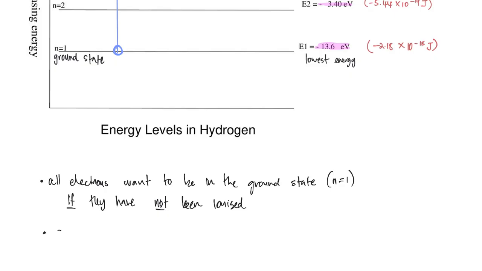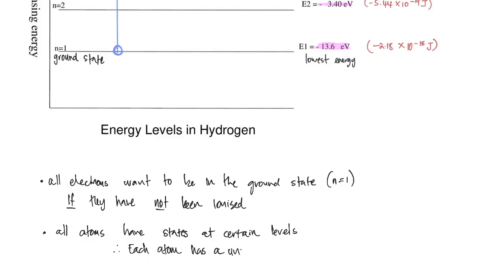The next thing is all atoms have states at certain levels. Right? Therefore, each atom has a unique set of states.